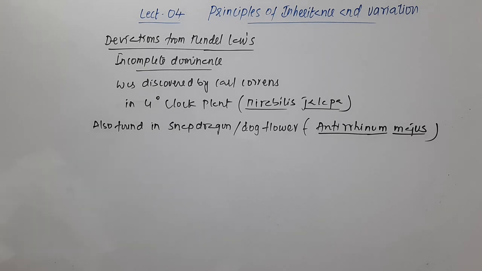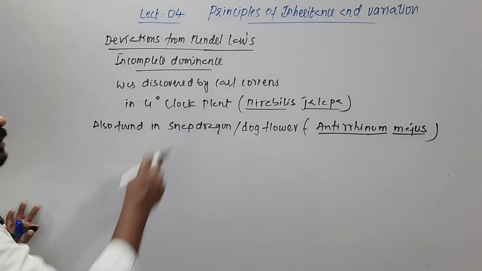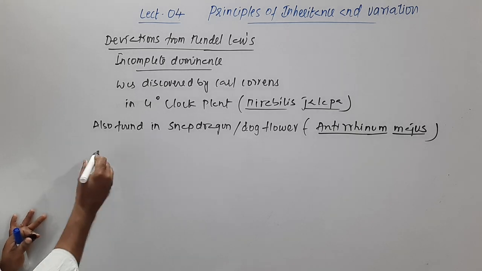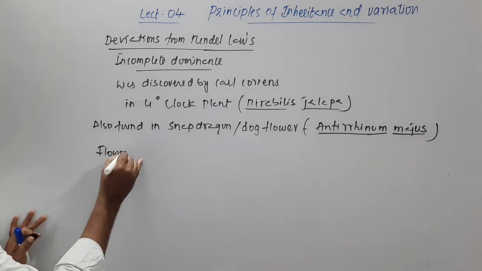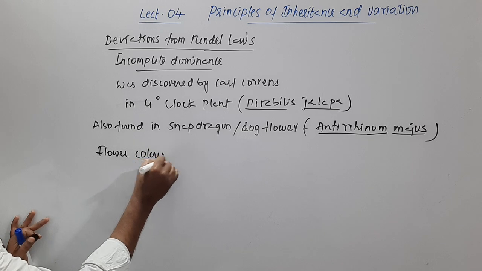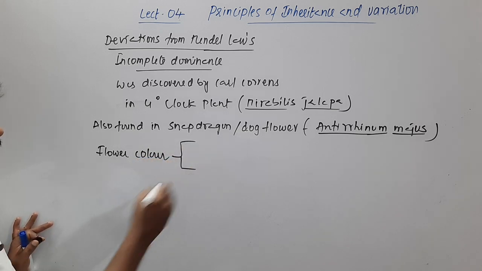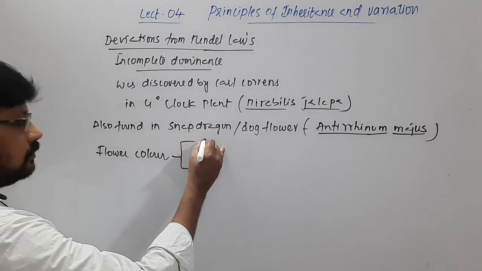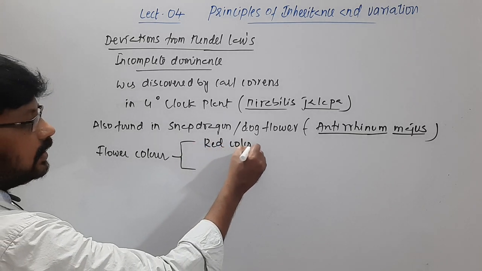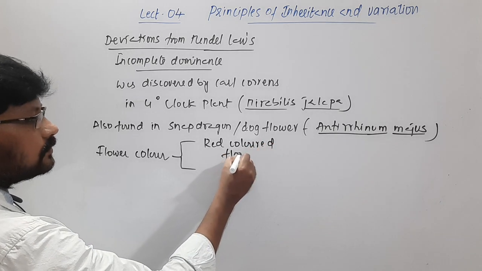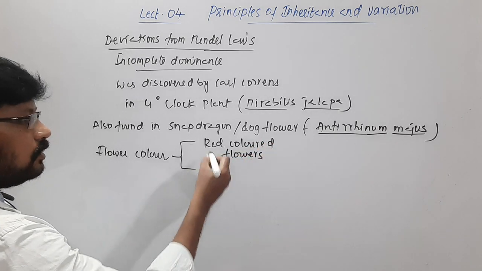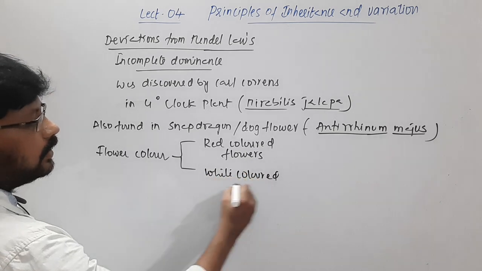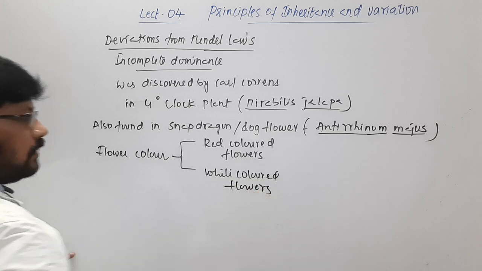Here, what Carl Correns did is he took the character flower color, and he observed it has two alleles. One he found with red colored flowers, and another with white colored flowers.